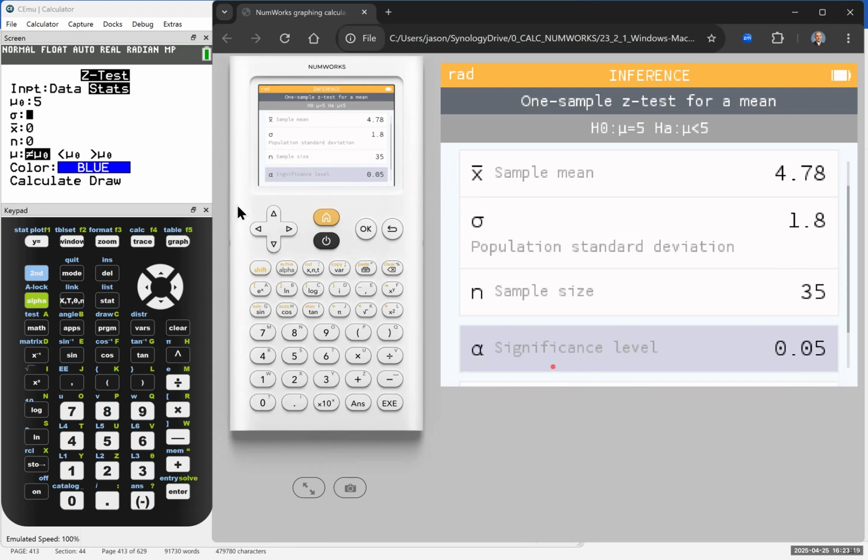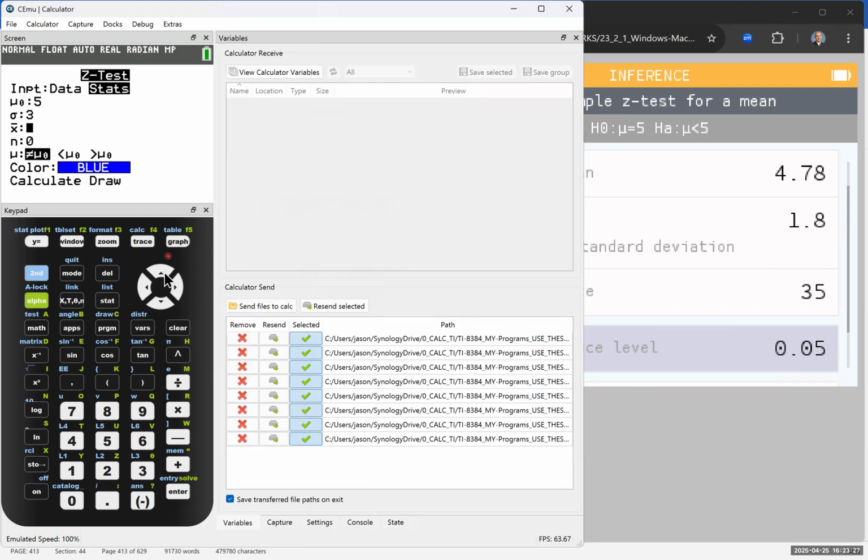Okay. And let me come over here to the Texas Instruments. So we've got a standard deviation of 1.8, a sample mean of 4.78. So you can see both calculators are asking for the same thing, just in a slightly different order.